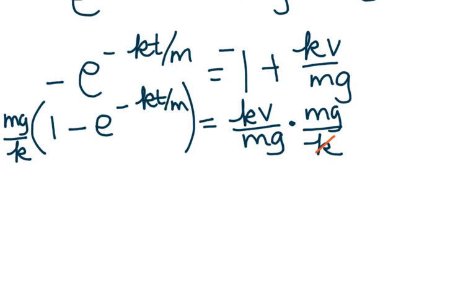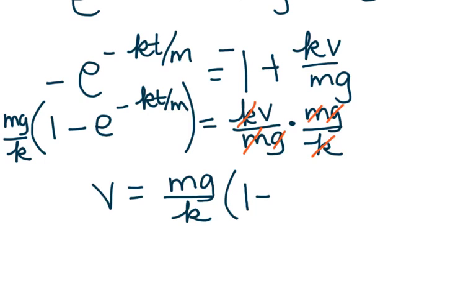And in doing so, I get some cancellations where I actually just have an expression for v. So let me rewrite that for you. And that, folks, is a velocity as a function of time while the ball is falling in the presence of air.